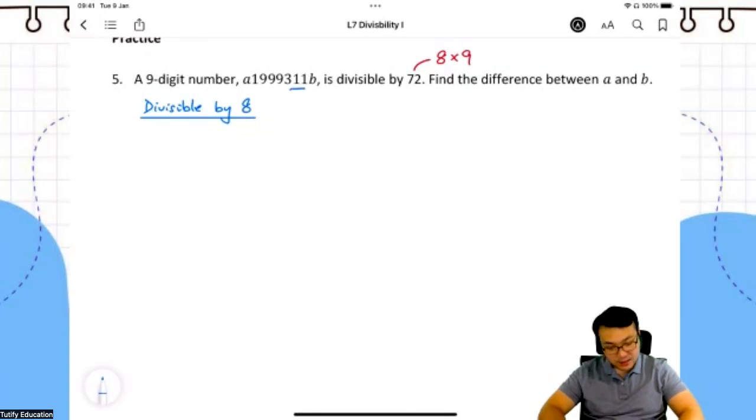What are the last 3 digits? The last 3 digits are 1, 1 and B. 11B. That means the number 8 should be able to divide the number 11B. And therefore, what is the value of B?